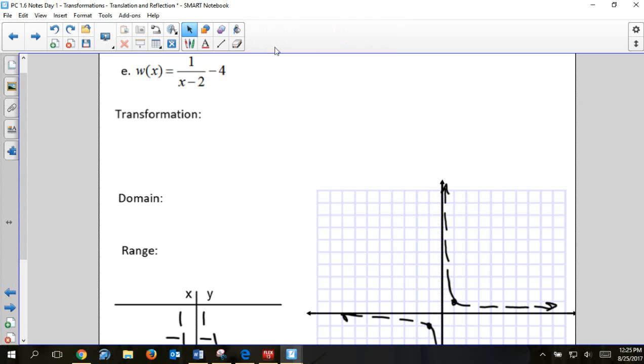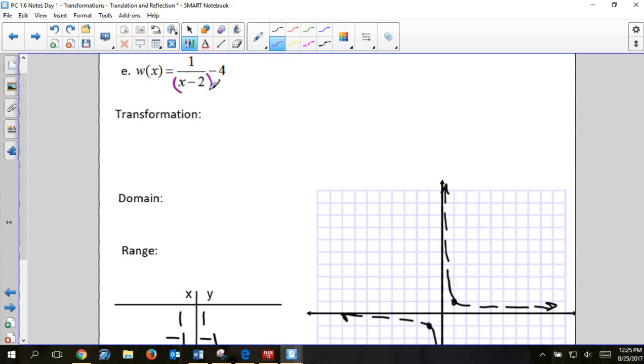So there's none that you can see, but there are understood parentheses here. Like the x minus 4 is all together in the denominator. It's all part of the parent function 1 over x. So there is a horizontal transformation.